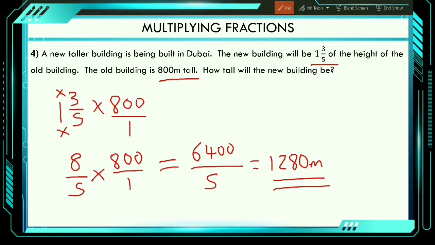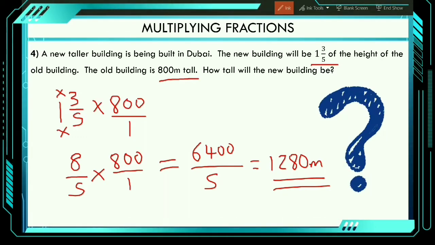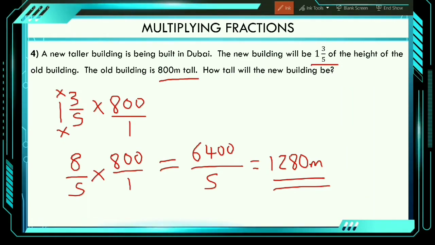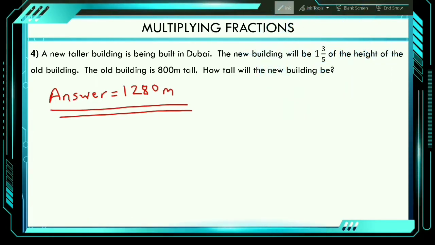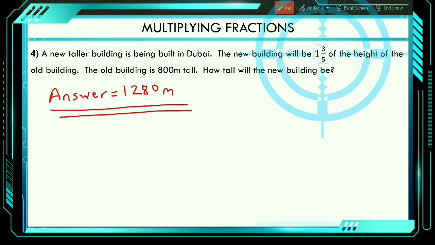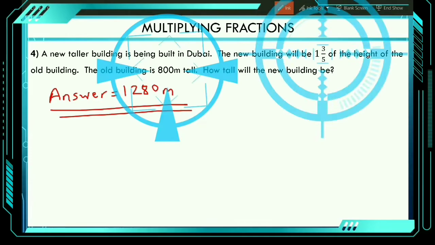So that is the size of the new building. Is there another way that we can look at this question? Let's have a look. Now this method is going to involve us understanding what the fraction means in relation to the 800 meters.